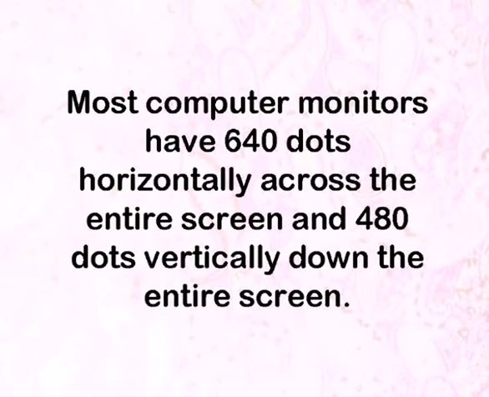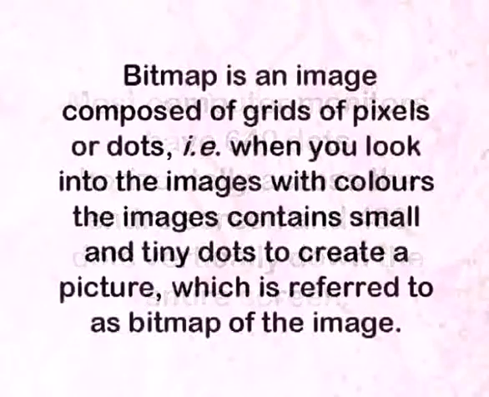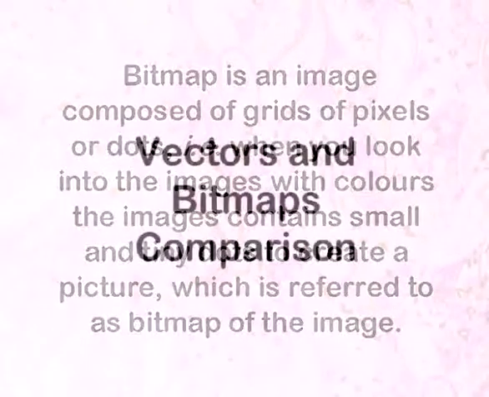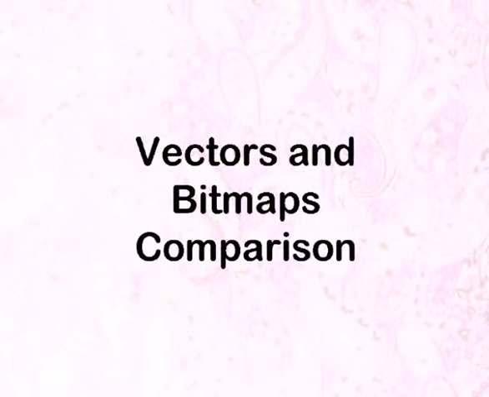Most computer monitors have 640 dots horizontally across the entire screen and 480 dots vertically down the entire screen. Bitmap is an image composed of grids of pixels or dots. When you look into the images with colors, the images contain small and tiny dots to create a picture, which is referred to as the bitmap of the image.